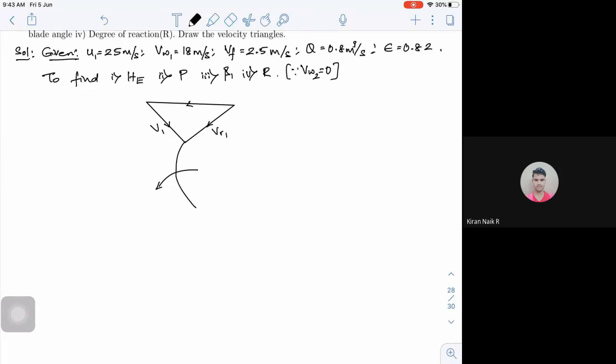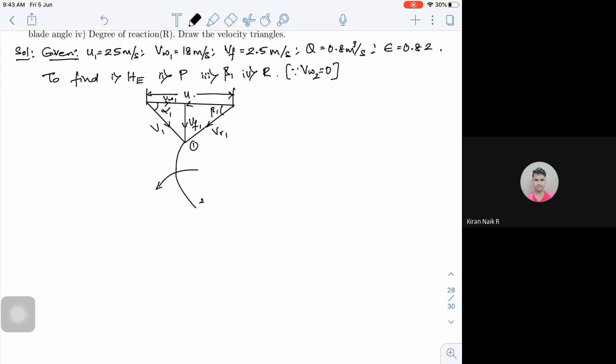This is my U. So I do have the components of velocity for V1. This is my VF1, and this will be VW1. This is VW1, and this is my alpha 1. This is my beta. This is my inlet velocity triangle at the inlet.